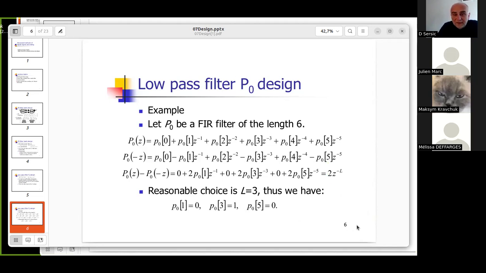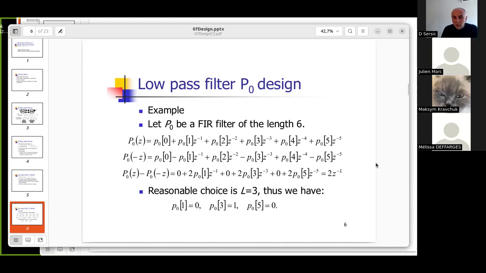Now we can learn that the delay of such a filter cannot be any. Actually, it can be 1, 3, or 5. If you choose 1, in that case, this guy must be equal to 1, and all the others must be equal to 0. If you choose 3, which is in the middle, and it is the most common choice, I mean, all of them are reasonable, but let's say the common choice is to choose the middle one.